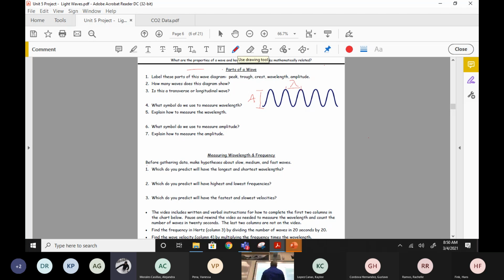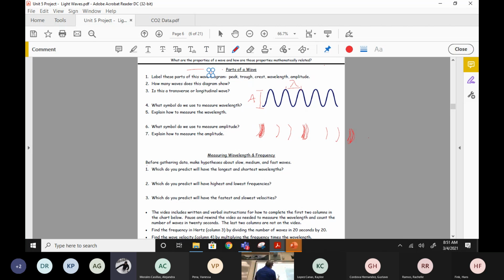Now, what if we compare this to our longitudinal wave? Do we still have these same measurements of wavelength and amplitude and frequency with this other type of wave? Do these exist? Absolutely, and they're quite similar.